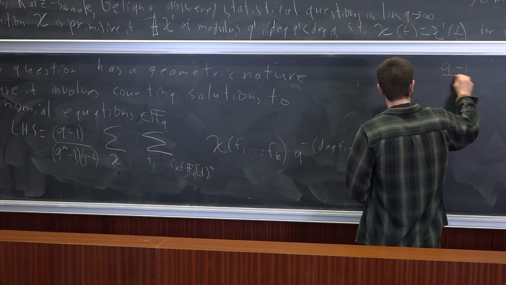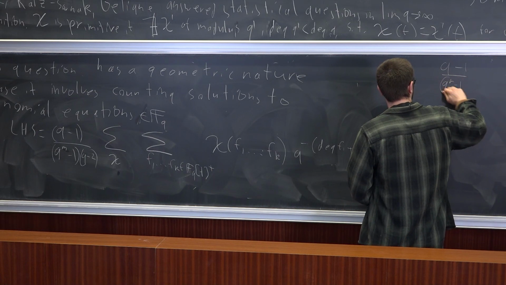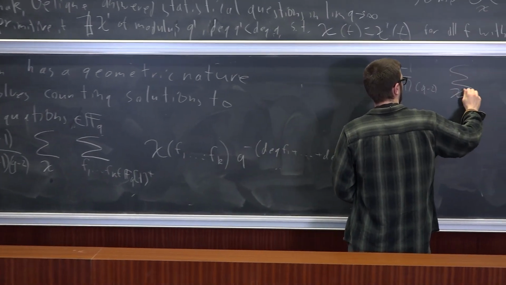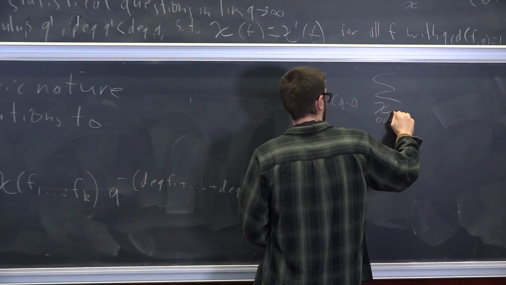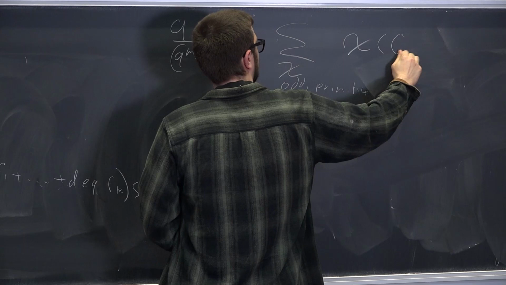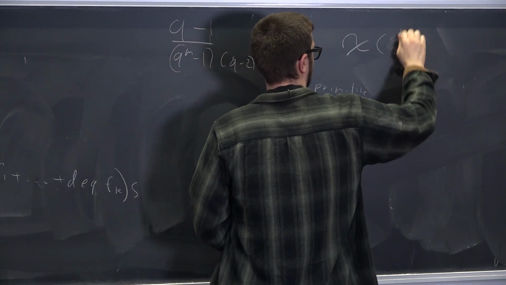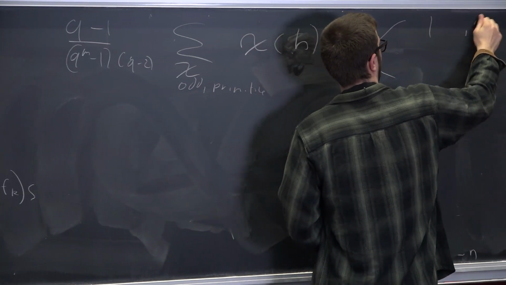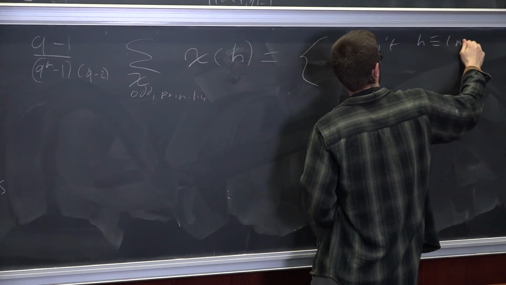So (q minus 1) over (q^m minus 1)(q minus 2), sum over chi odd primitive, chi of h, is equal to 1 if h is congruent to 1 mod g.